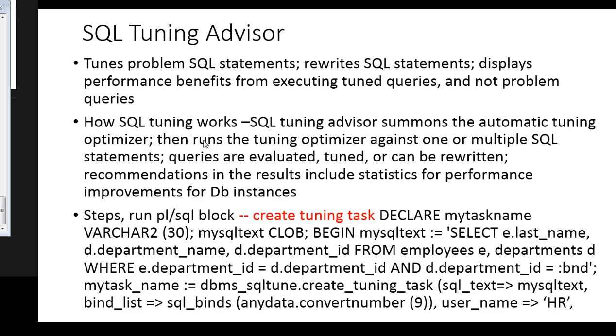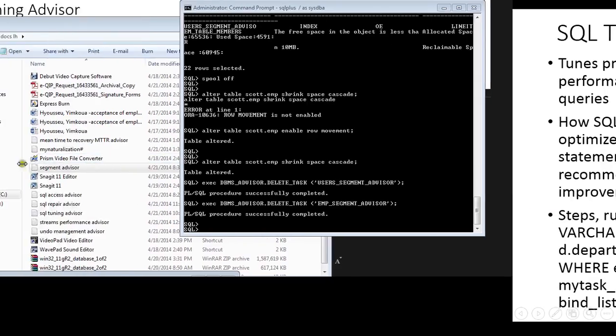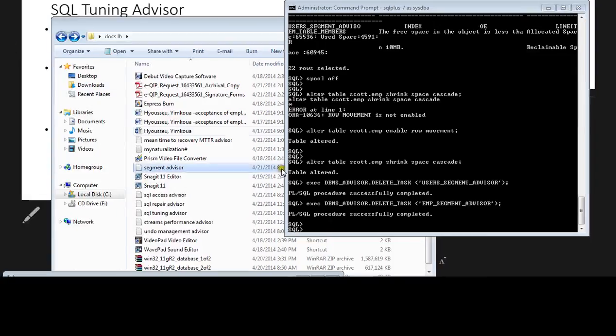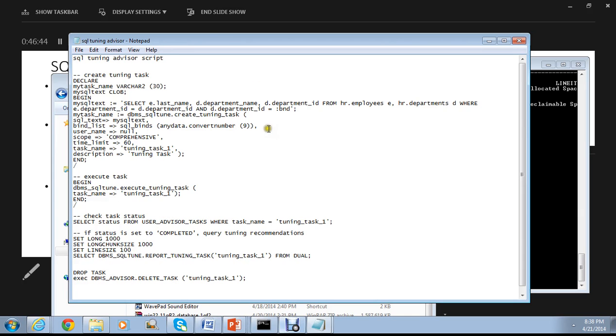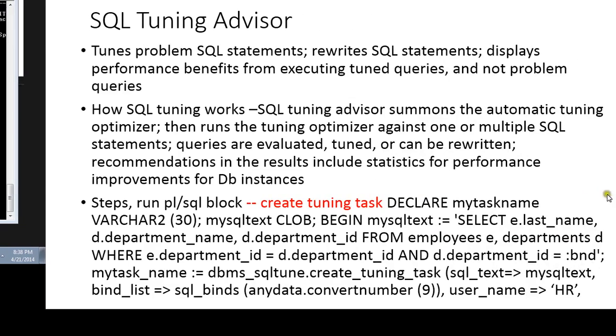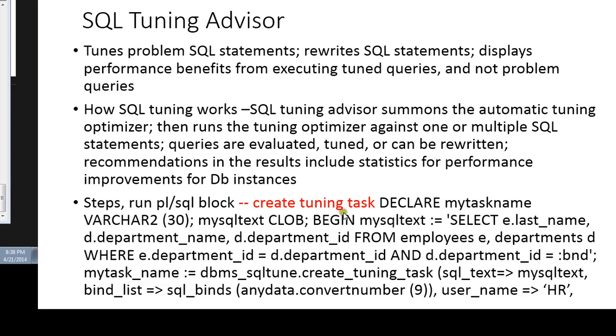What you need to do next is go to my SQL tuning advisor script. I have a PL/SQL code block to create a tuning task. You can refer to it as a tuning task or just a task, whichever feels better for you.